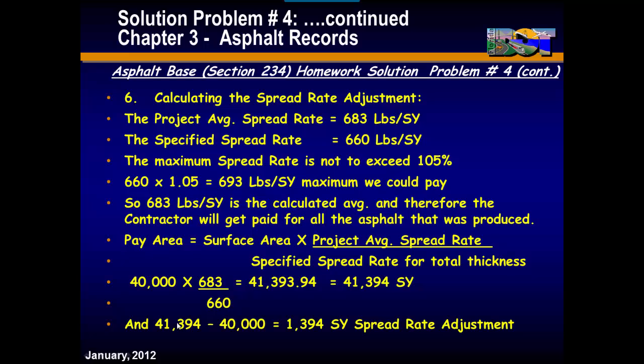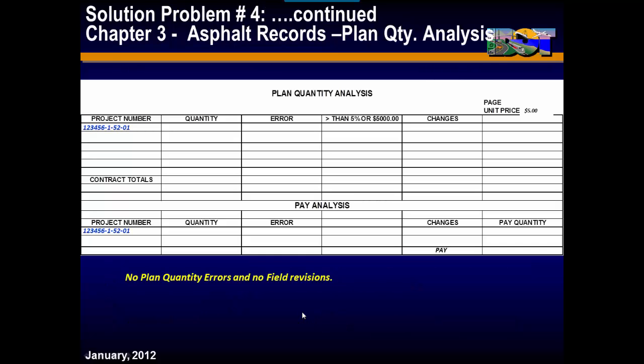So we very simply take our 41,394 that calculates out minus our 40,000, because this is what the bonus payment is for the contractor. He's going to get paid 1,394 square yards spread rate adjustment, and we would put that into Site Manager.